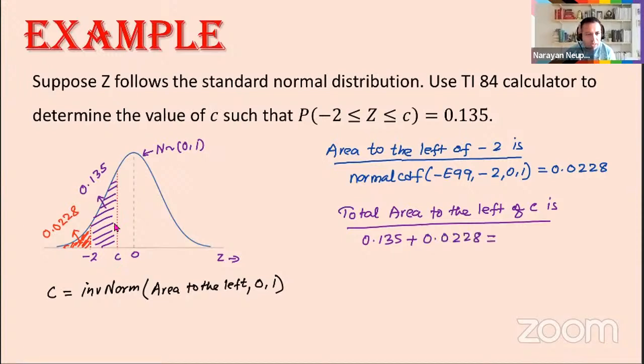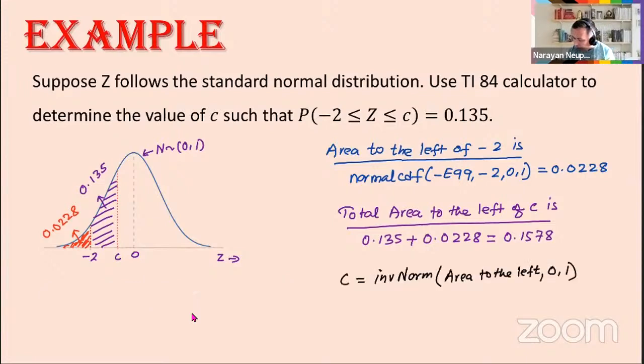If we add these two values, the total value will be 0.1578. There we go. So once we have this total area, now we can plug into this equation and find the value of C.